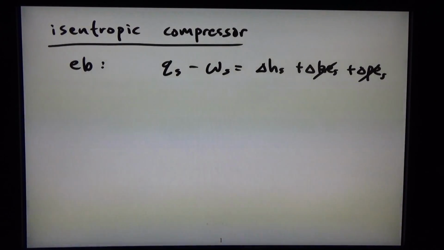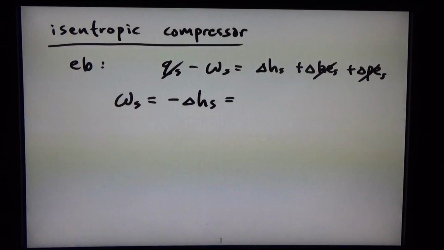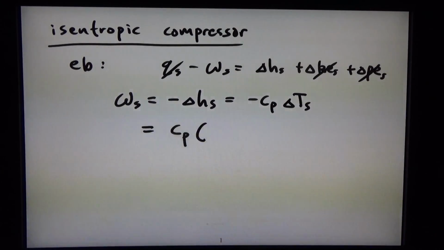No potential or kinetic energy or heat transfer. So the work input for the isentropic compressor is negative delta H sub S, or negative C sub P delta T sub S, or we could write it as C sub P times T1S minus T2S.